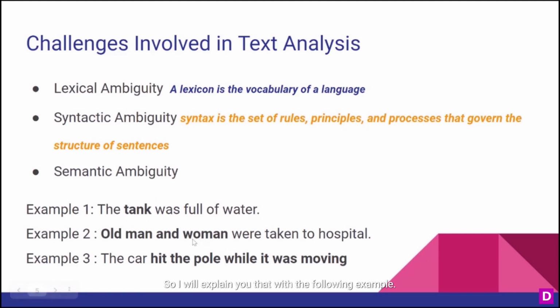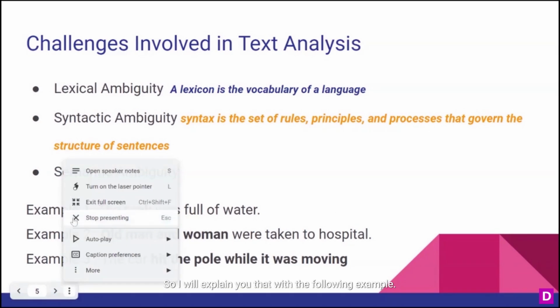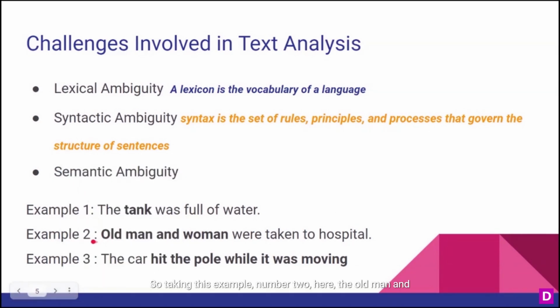I will explain that with the following example. Taking example number 2: the old man and woman were taken to the hospital. As human beings, we can come to two different conclusions from this sentence. The first is that an old man and an old woman were taken to the hospital.